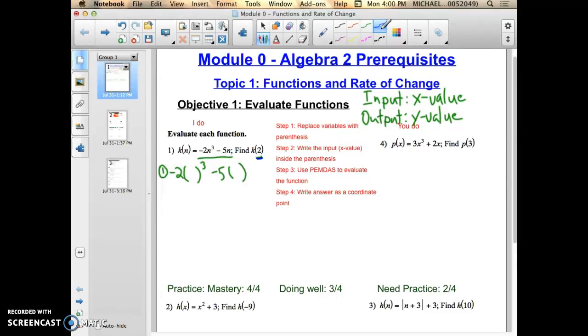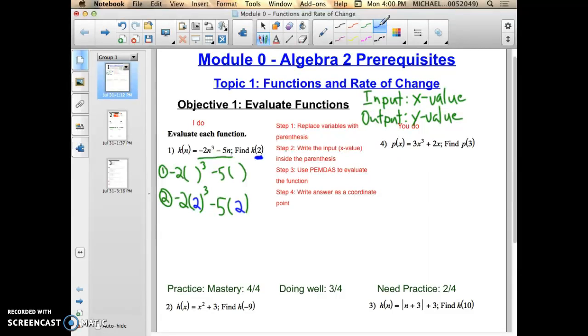So this input of 2, I'm going to rewrite the entire thing just to show you my thought process here. It's negative 2 parenthesis cubed minus 5 parenthesis, and I'm going to put the input they're asking me to evaluate, 2, inside of the parentheses, just like so.